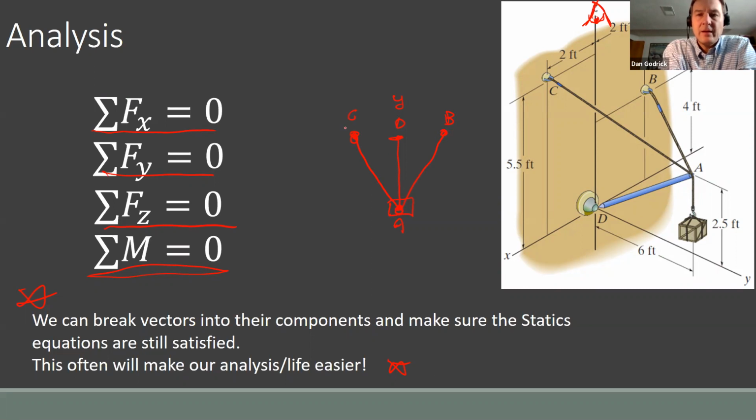We see that in the X direction, the only force that counteracts AB's X direction force is AC's X direction force. So if we care about which of these is going to break first, we can probably isolate the sum of forces in X equals 0.